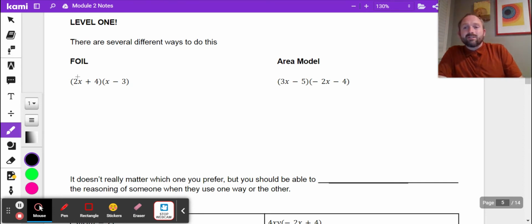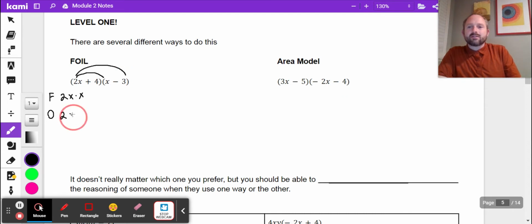So for the FOIL, or the claw, we're going to multiply the first ones, so 2x times x. The outsides, 2x times 3. The insides, 4 times x.